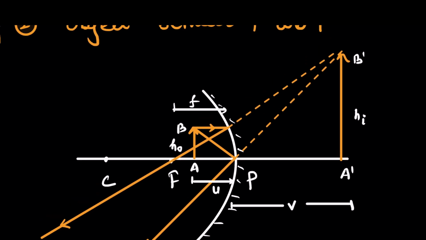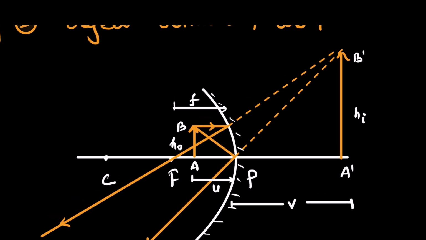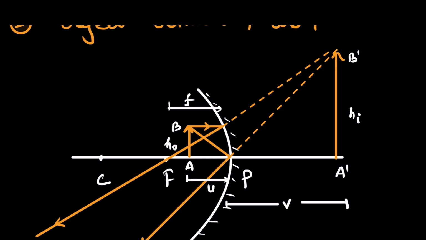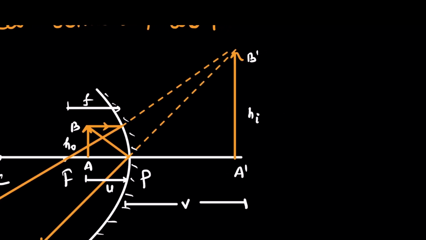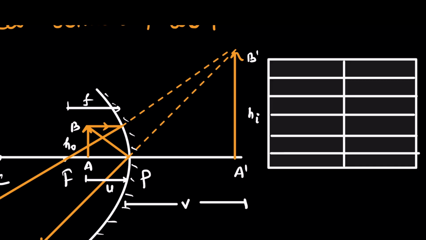So if we use this image and try to form the sign convention, we can make a table. Here U is negative, V is positive. Why is it positive? Because now it becomes the right side and U remains on the left side.